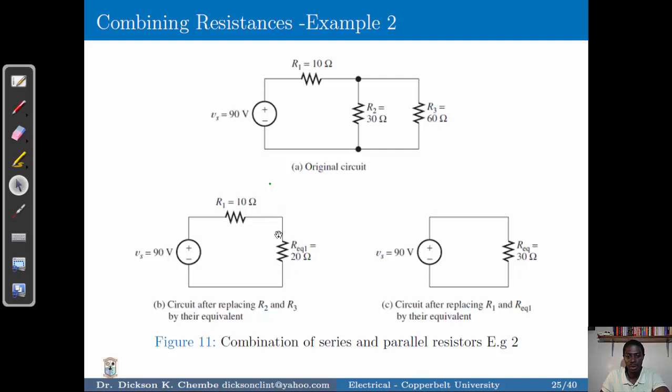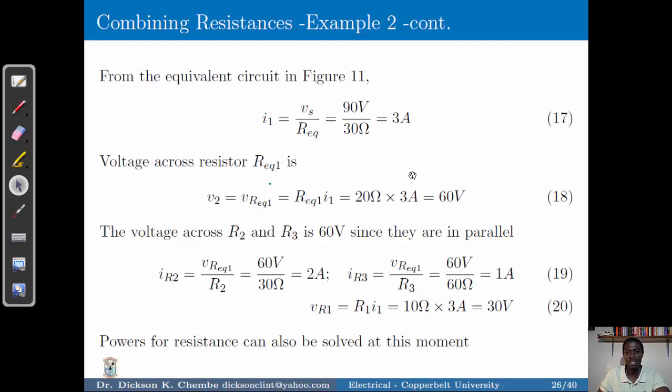If we find the voltage across this, then we have found the voltage across both of these resistances. If you remember, we mentioned that the voltage across resistances in parallel is the same. So once we find the voltage across this 20 ohm resistor, we have found the voltage across the 30 ohm and the 60 ohm resistor.